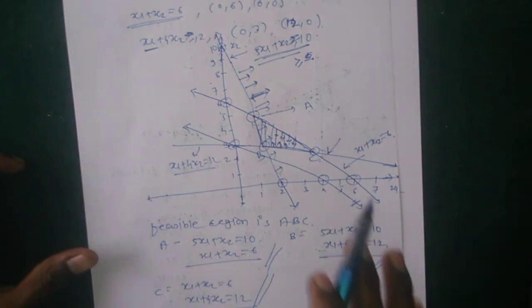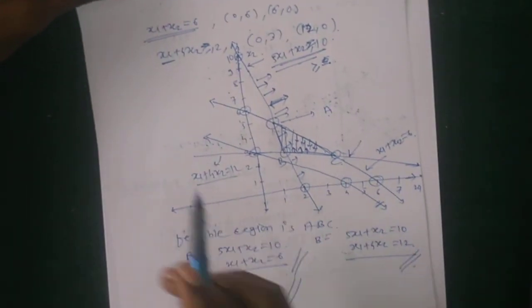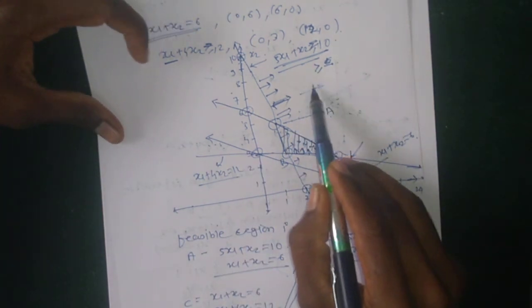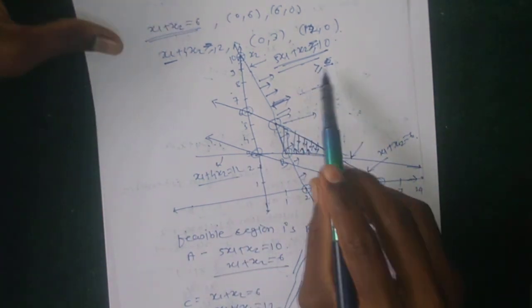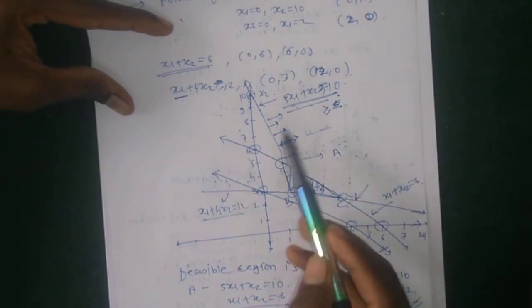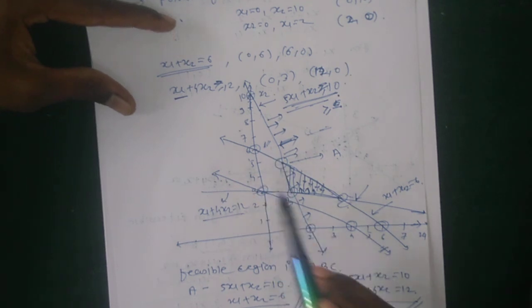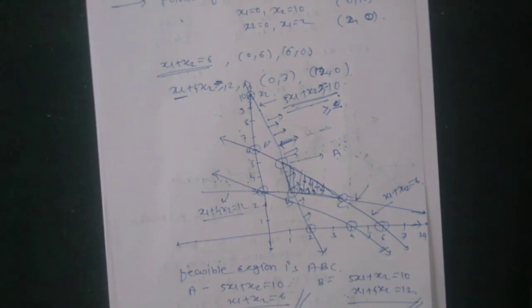How to choose the region? If we choose any point on this side, then this constraint must be satisfied. If we choose a point less than this side, then their region is not the same.